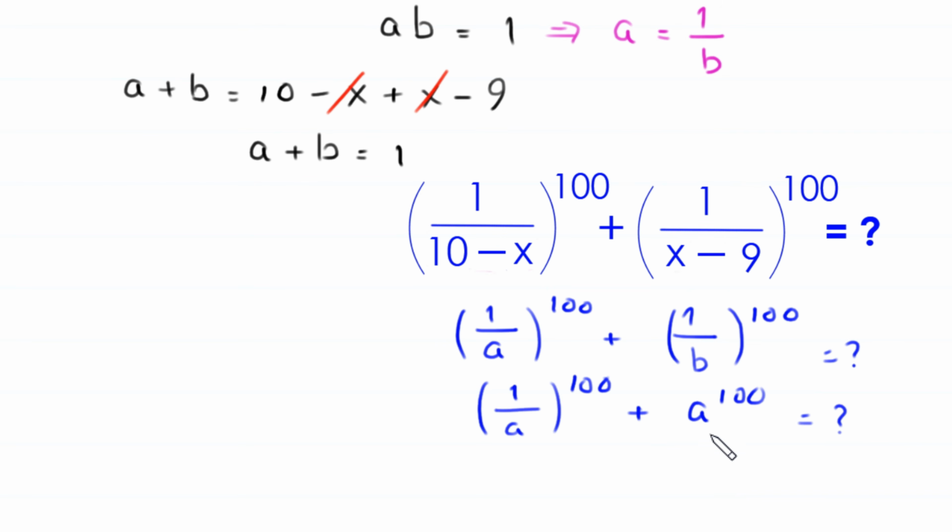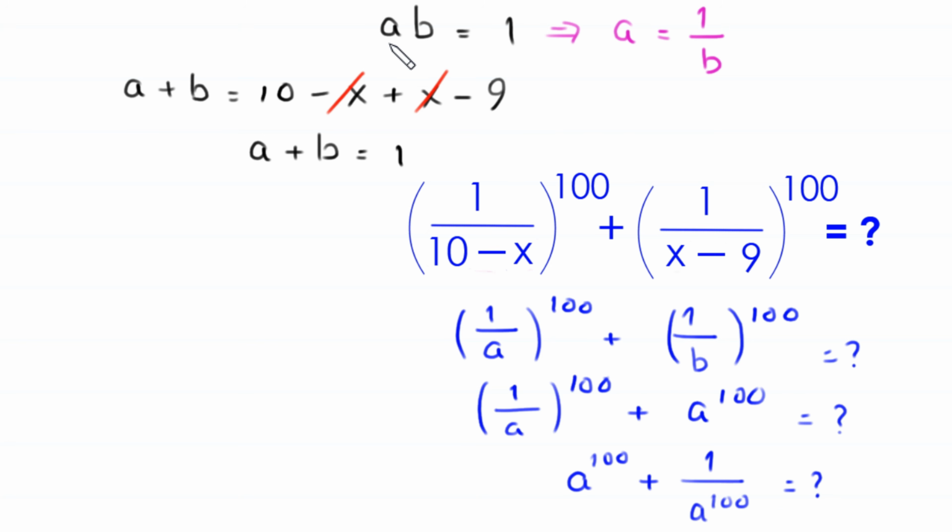It means that now we have to find the value of this expression a to the power 100 plus 1 over a whole to the power 100, which is same as 1 over a to the power 100.